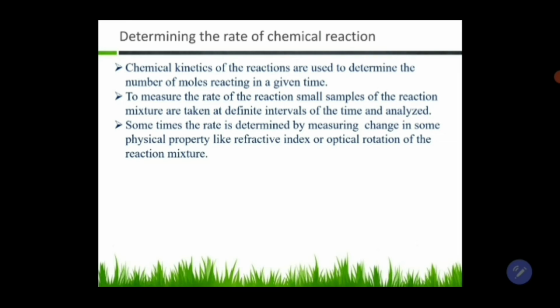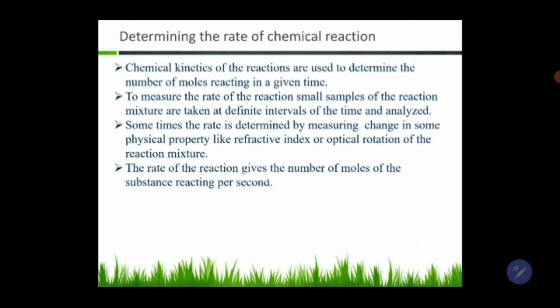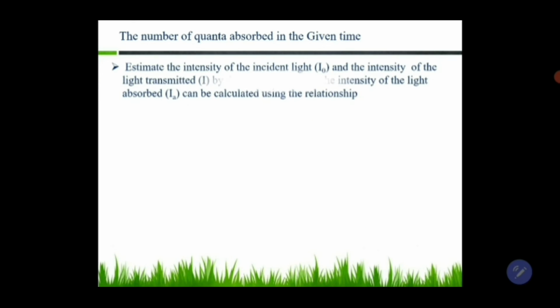So with the help of kinetics, we can determine the rate of the reaction, which gives the number of moles of the substance reacting per second. Now the important part is determining how many quanta are absorbed in that particular time.